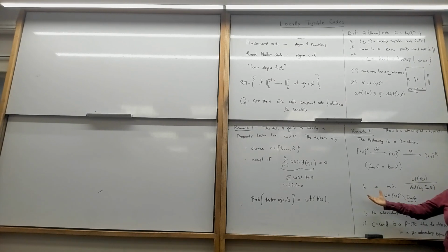If I multiply the distance on this side, then for every W I need that this constant beta times the distance is at most the weight. So for every W, this divided by this is at least beta. So the weight is an upper bound on beta times the distance, which is exactly what's written here.